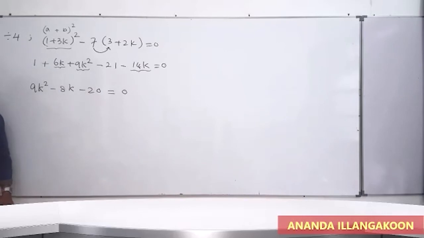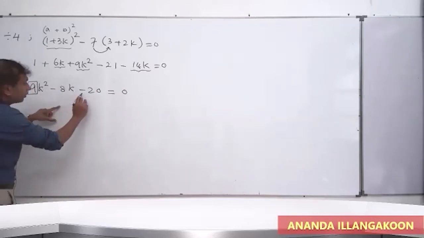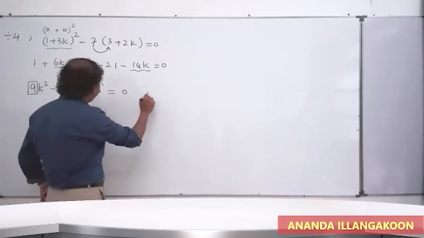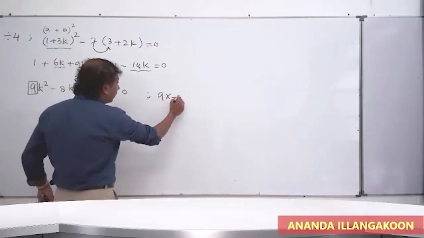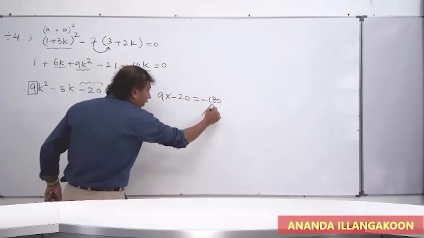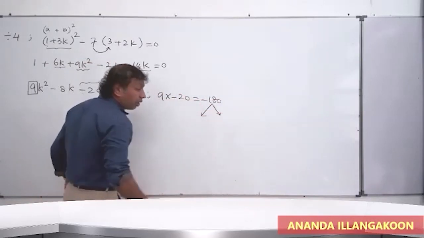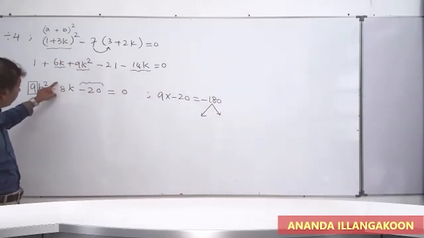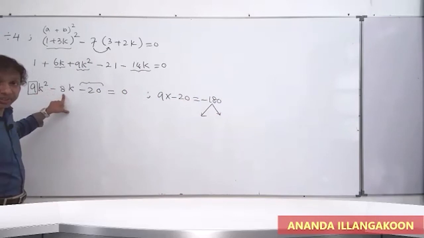Yeah, you can factorize this way. This k squared coefficient 9, this constant minus 20, we have to first multiply. 9 into minus 20 is minus 180. This minus 180 we must write as a product of two numbers so that their algebraic sum is minus 8.